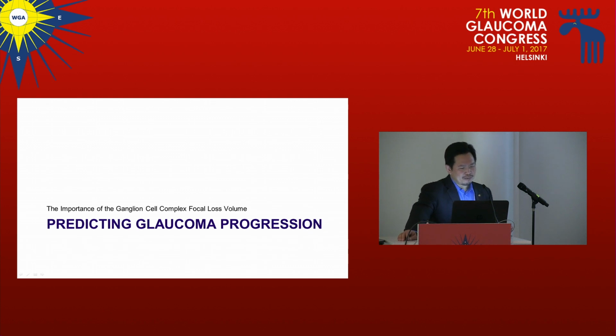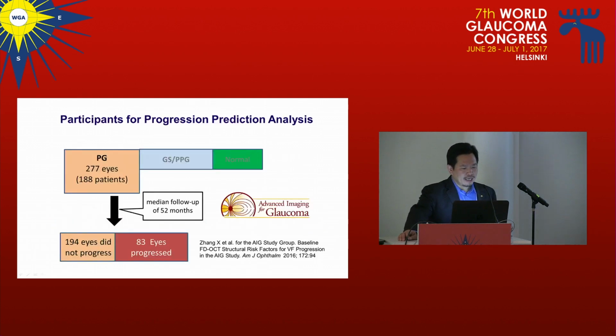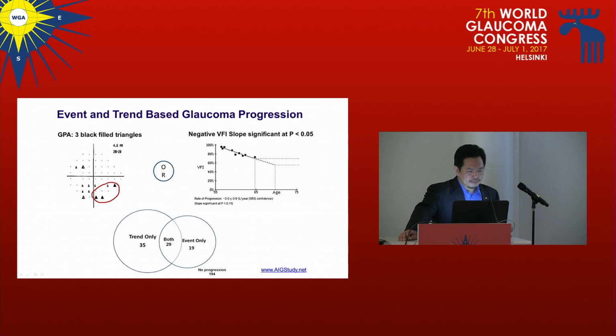Next, I want to talk about predicting glaucoma progression. Now, this is analysis done in the parametric glaucoma group. And this group had the median follow-up of 52 months. And this is published in AJO in 2016. And out of this cohort, 83 eyes progressed during the follow-up period.